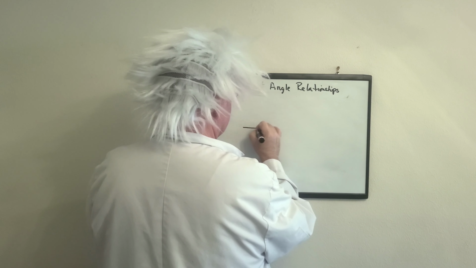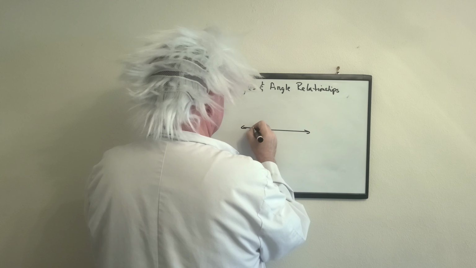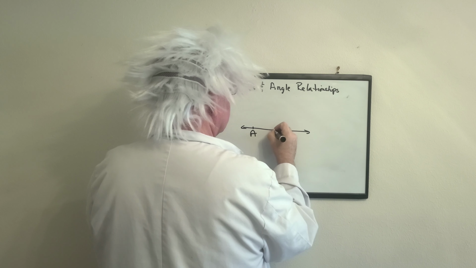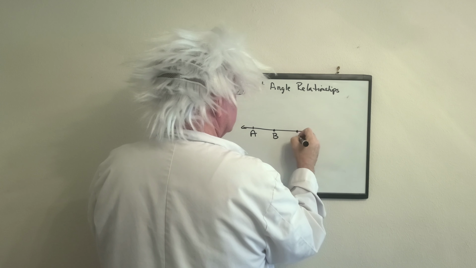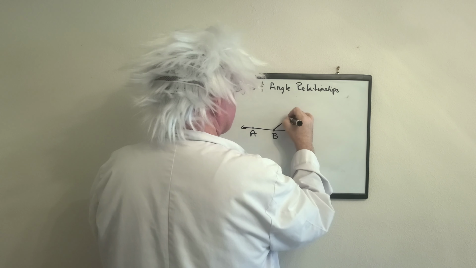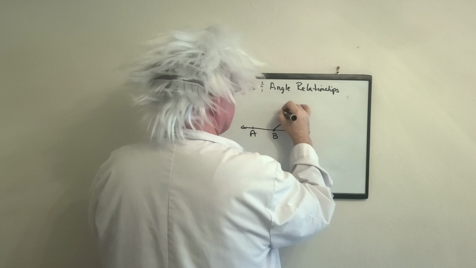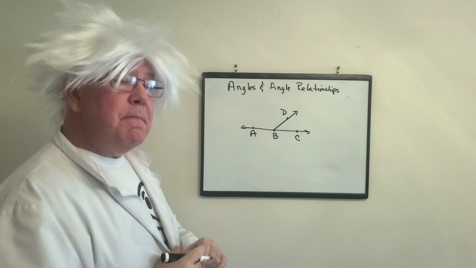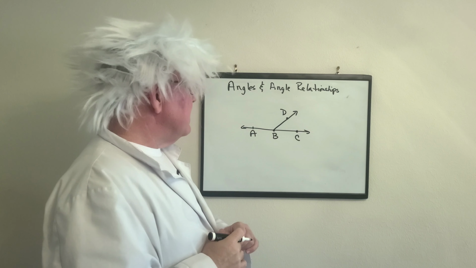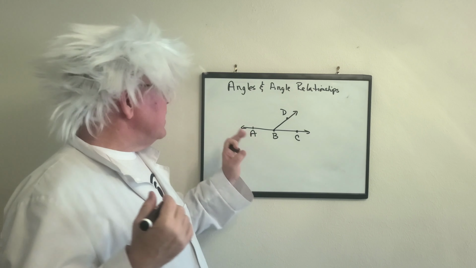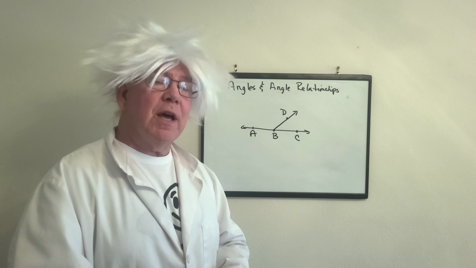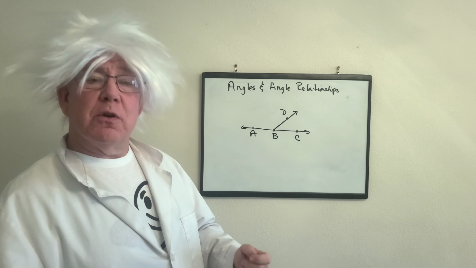All right, so first things first, we're going to talk about finding the measure of ABD and DBC. Now, these two together add up to what type of angles? Begins with an S, it's called supplementary.